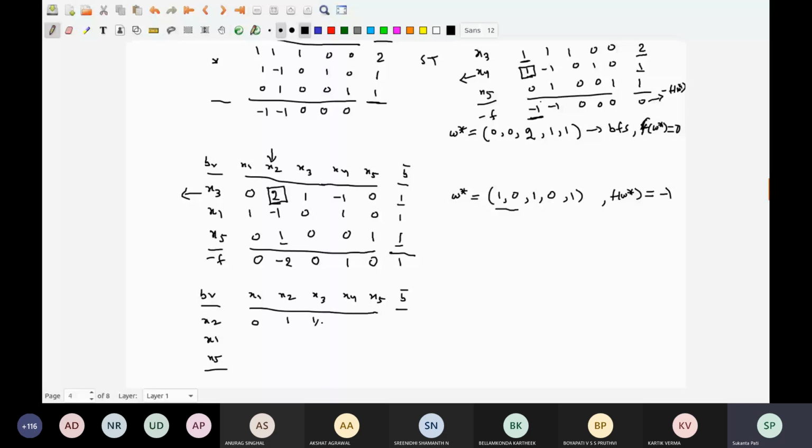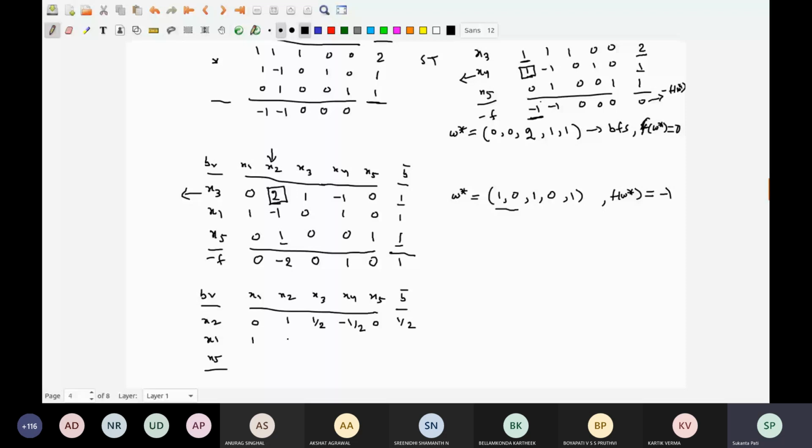Elementary row operation, multiplying a row by a scalar is allowed. Minus half, 0, half. Fine. The next entry below has to be 0. So what I do now, first row multiplied by half added to the second. So that will be 1, that will be 0, that will be half, that will be half, that will be 0, that will be 3 by 2.